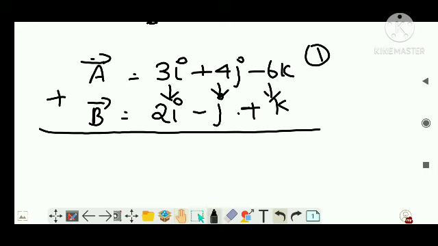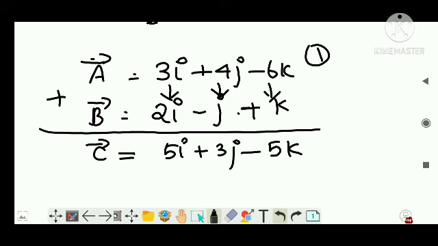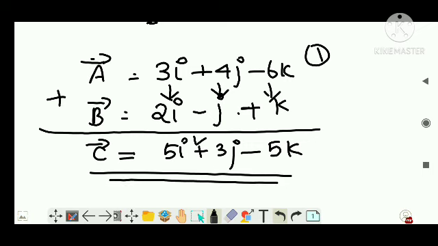So 3 plus 2 will be 5i, 4 minus 1 will be 3j, and that will be minus 5k. This will be the c vector's value, because the direction is already given by i, j, k. The cap should be written. Don't forget to write the cap, guys.